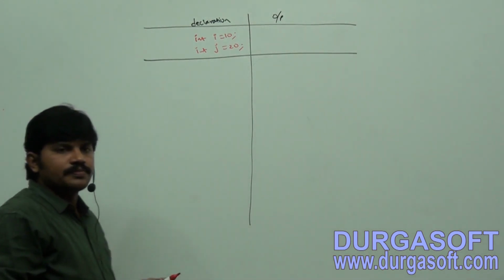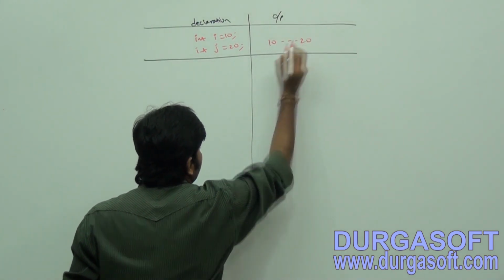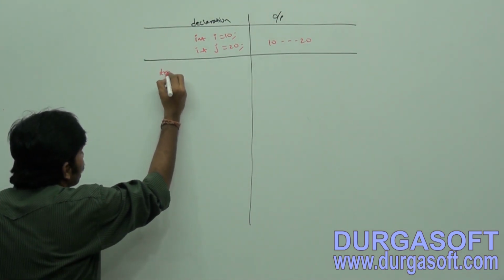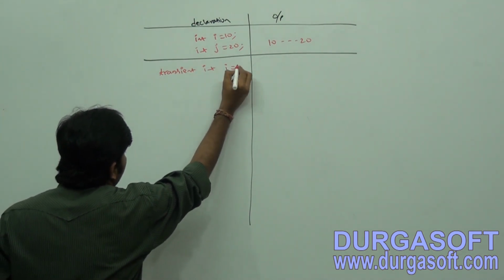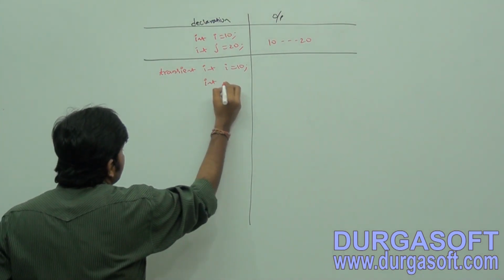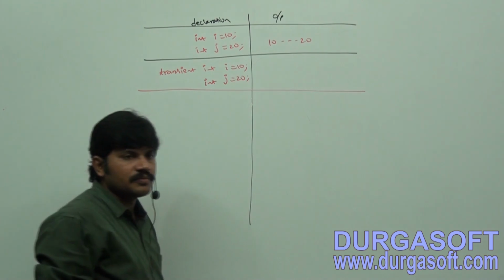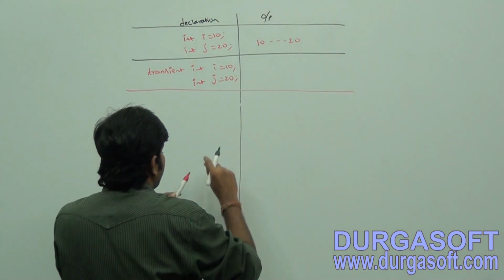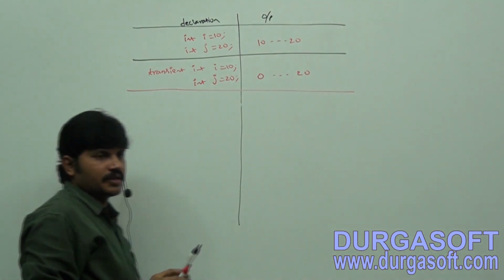Can you tell what the output is? If I declare int i and int j, the answer is 10, 20 by default. Now here I am taking transient int i is equal to 10, int j is equal to 20. What is the answer now? With transient int i it is 0, followed by 20.